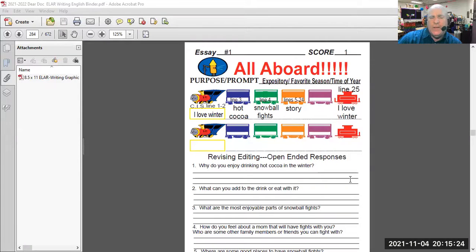Okay. So this was a student that got a 1, and this is on page 284 of the binder. What I did was show you and your students in the binder, if you have a 1, how do I turn a 1 to a 2?